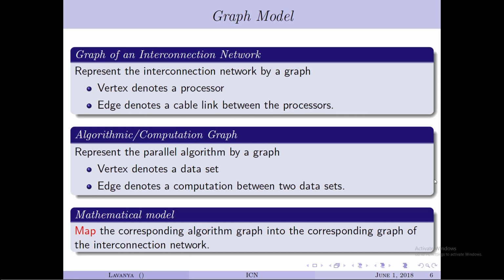If I can give a one-to-one mapping, or whatever kind of mapping we are targeting, then this algorithmic graph is kind of an ideal case for us. This is how my program should run. If I can embed it, or find this mapping, then I know my processors will replicate its job and do the computation effectively. But the problem here is finding this mapping, mapping the corresponding algorithm graph. Finding the mapping is the biggest problem, and there are lots of studies on this.